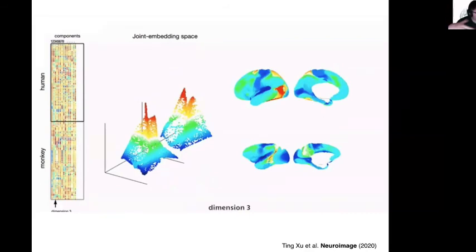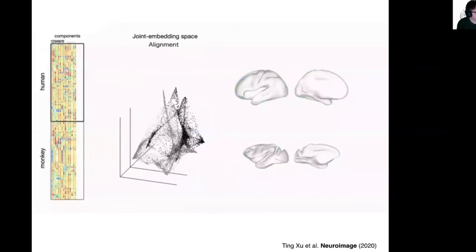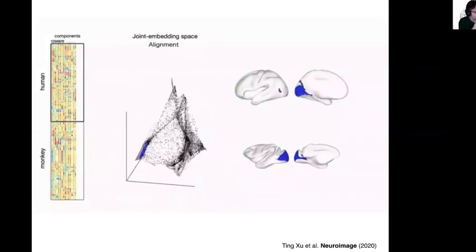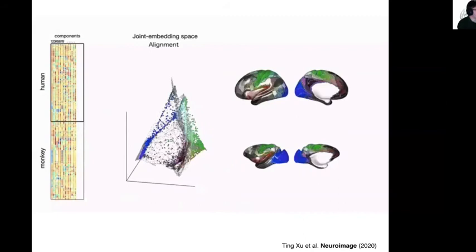And you can see by this color coding the areas that share similarities between species. If you put together all these dimensions, then you can parcellate the surface of the brain into several regions that are comparable across species. And by doing so, this is really bridging the gap between the two species by using functional connectivity.